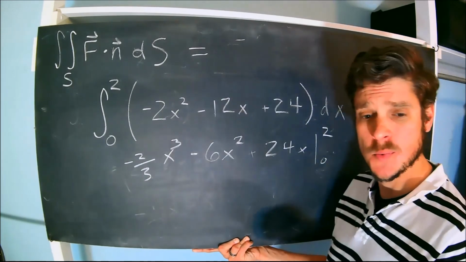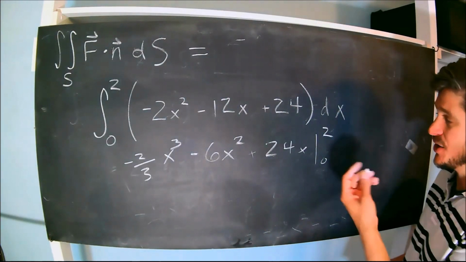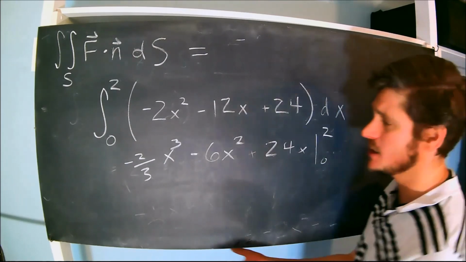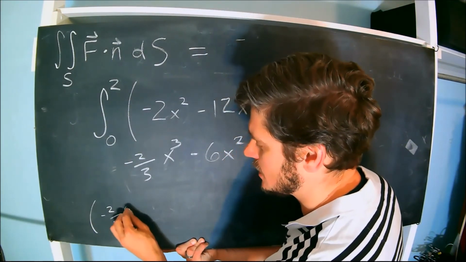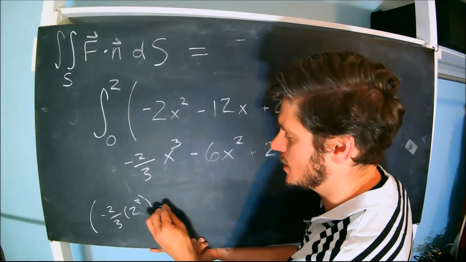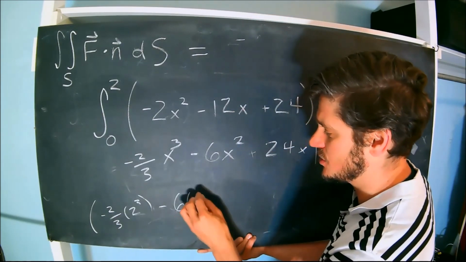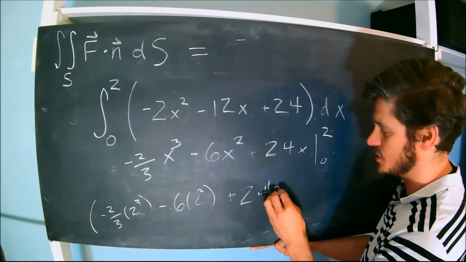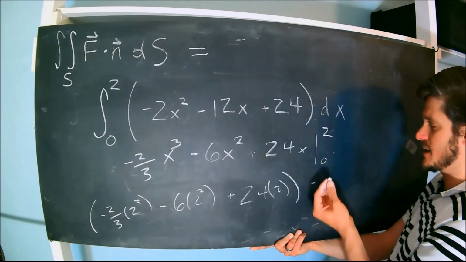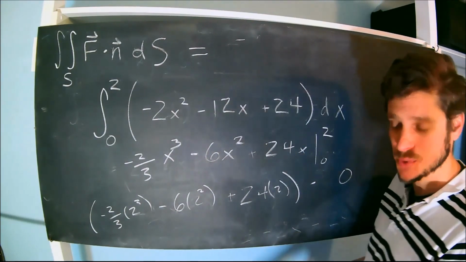We're evaluating from 0 to 2. I just got to plug in my limits. So let's plug in 2. Negative 2/3 times 2 cubed minus 6 times 2 squared plus 24 times 2, minus the other part, 0.